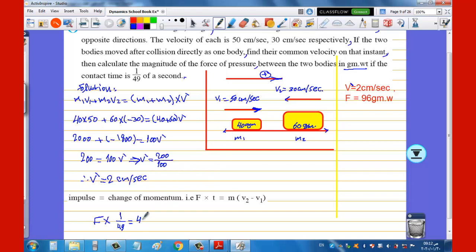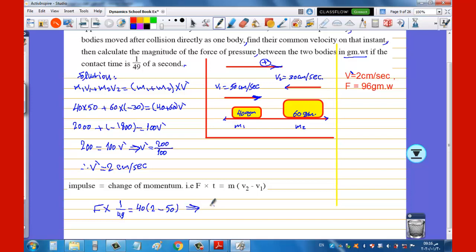It's 40 multiply V2 minus v1. v2, it is the velocity of the mass m1 after collision. It is v dash, which equal to 2, minus v1, it is 50.